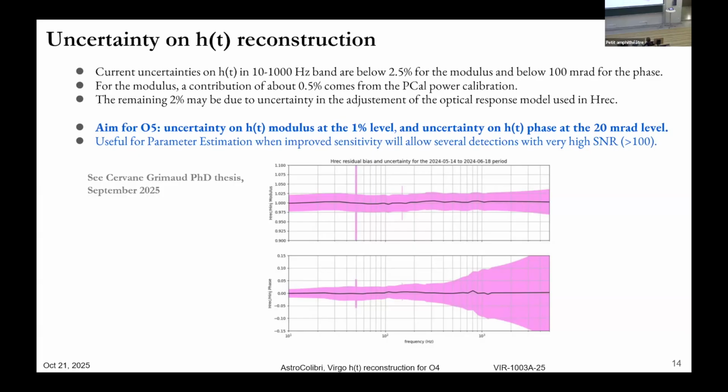So the aim for future runs is to have an uncertainty down to 1% level for the modulus and 20 milliradian level for the phase. And this will be useful, for instance, for parameter estimation when we do detection with the SNR. We need better precision for the calibration for H of t uncertainties.